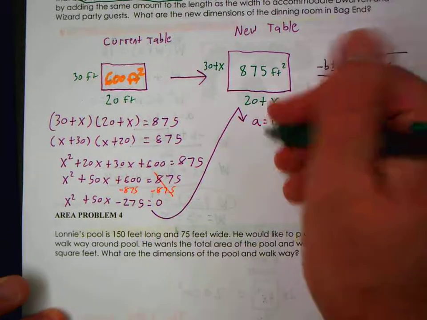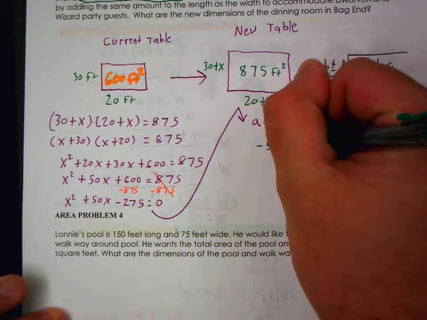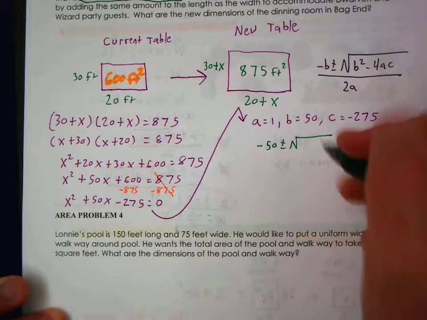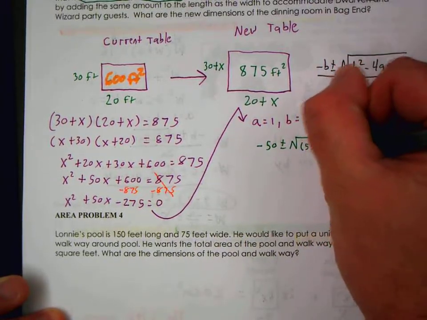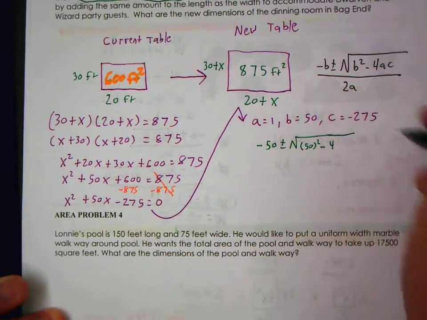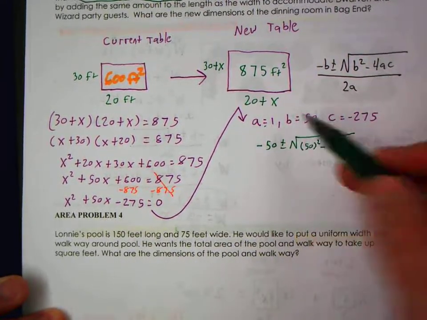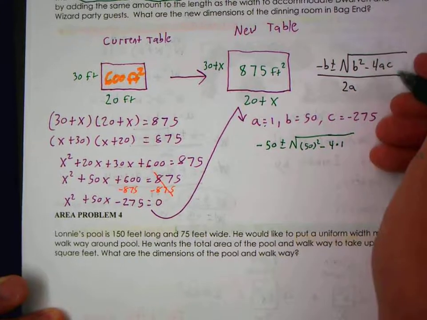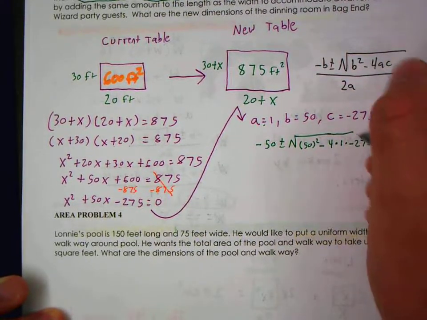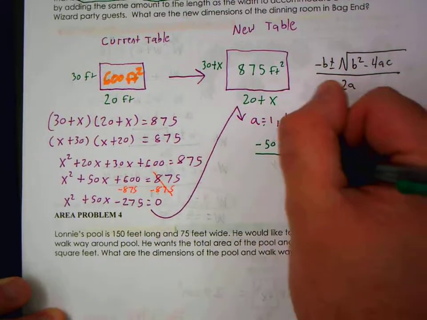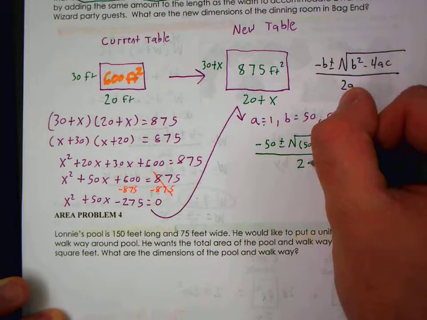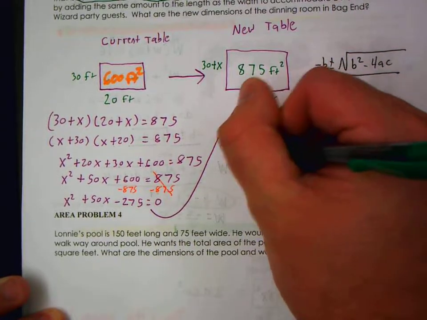So for b, negative 50, minus square root b squared, b is 50, minus 4, a is 1, c is negative 275, all over 2a, and a is 1. And this is x equals.